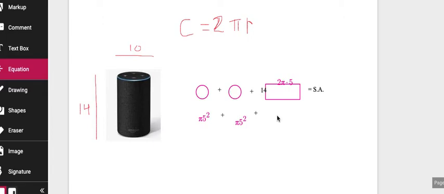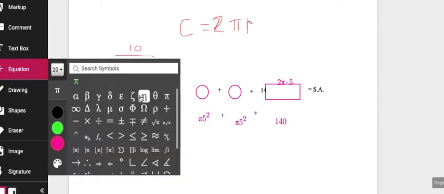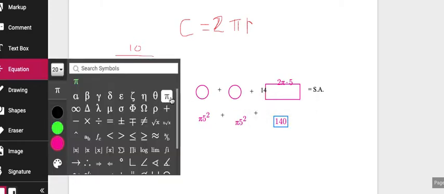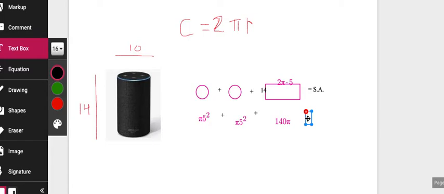So I'm just going to put right here, that's going to be 140 pi. And that is going to equal my surface area.